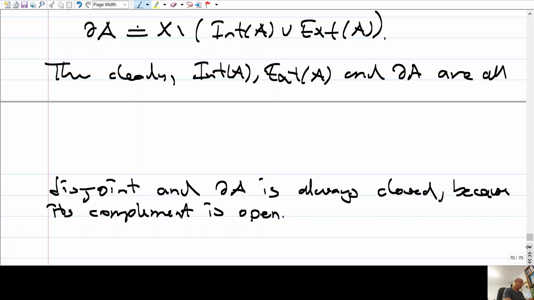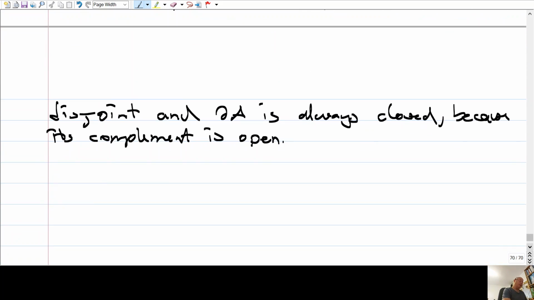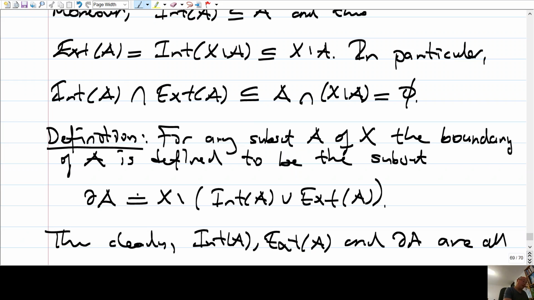Okay. Do you have any questions so far? We defined interior. We showed that it's an open set. And then we defined exterior as the interior of its complement.